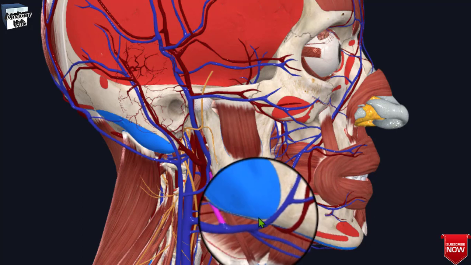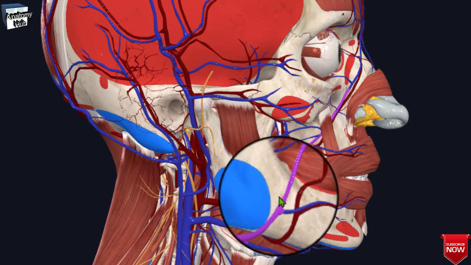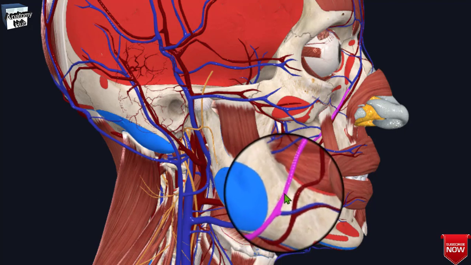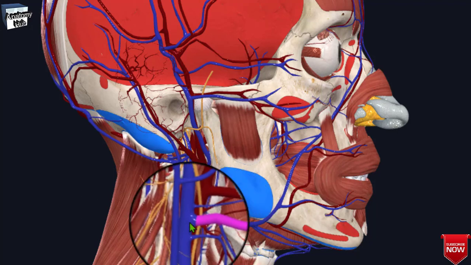It gives rise to the common facial vein that you can observe over here, which drains into the internal jugular vein.